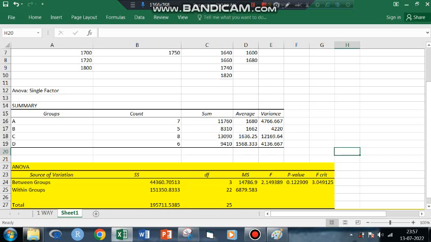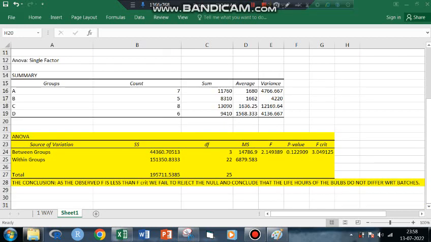I repeat, we fail to reject the null here, and so we conclude that as the observed F is less than the F critical, we fail to reject the null and conclude that the life hours of the bulbs do not differ with respect to the batches. That is, there is no variation due to batches.